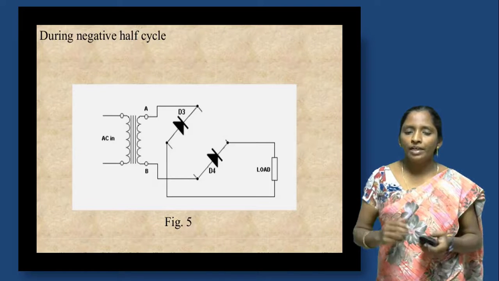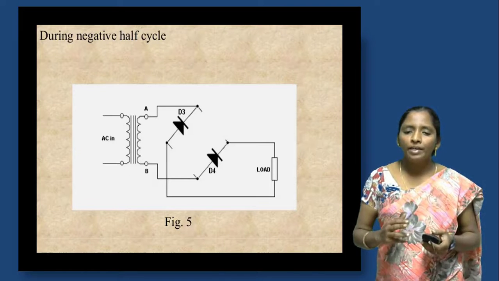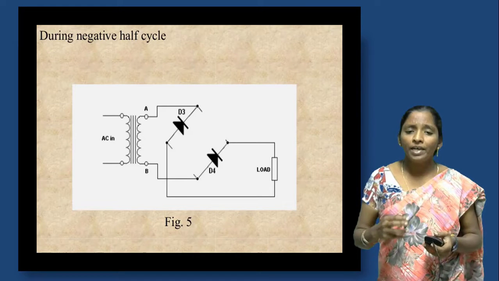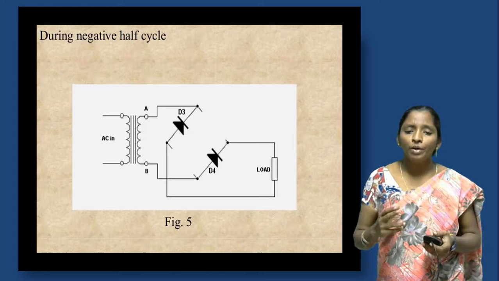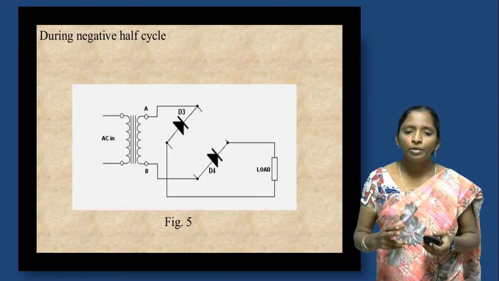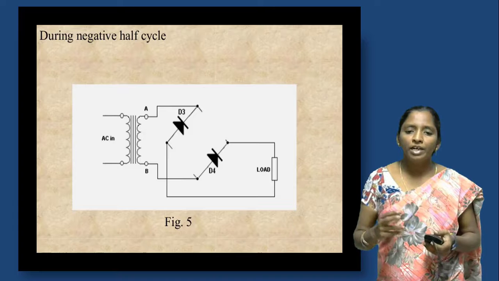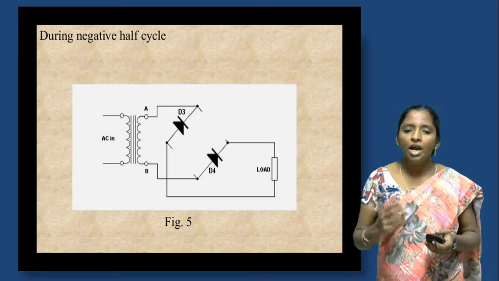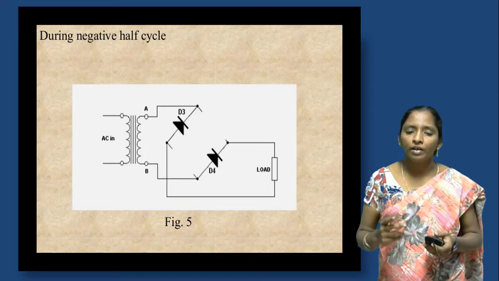So during the negative half cycle, we are applying the negative terminal to the anode of D1 and D2 and the negative terminal to the cathode of D3 and D4. That's why D1 and D2 are in the off condition and D3 and D4 are in the on condition.